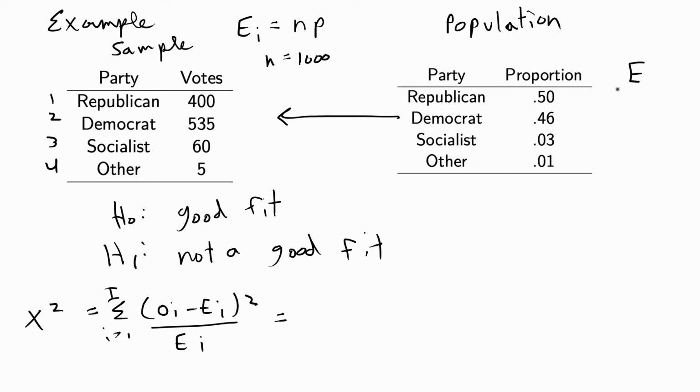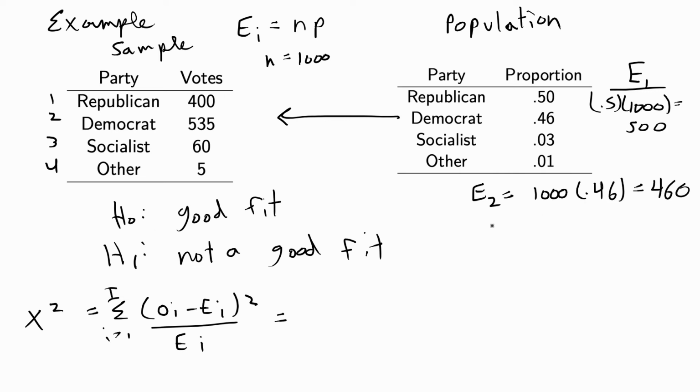For factor level 1, which is Republican, that's going to be 0.5 times 1,000, which is equal to 500. So that's E1. For E2, that's going to be 1,000 times 0.46, which is equal to 460. For E3, that's going to be 0.03 times 1,000, which is equal to 30. And E4 is going to be equal to 10.